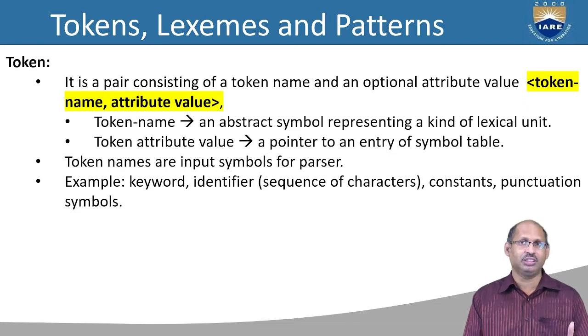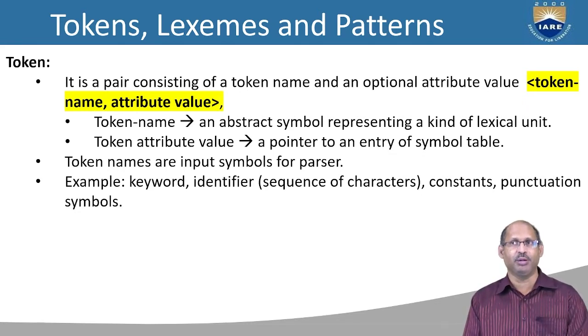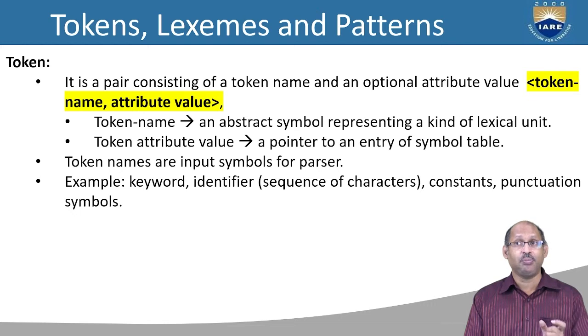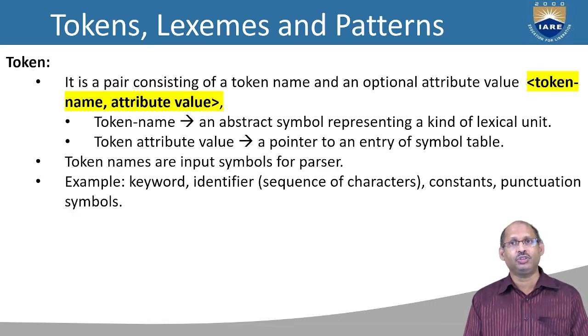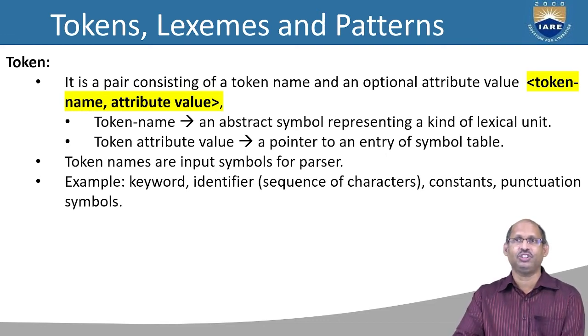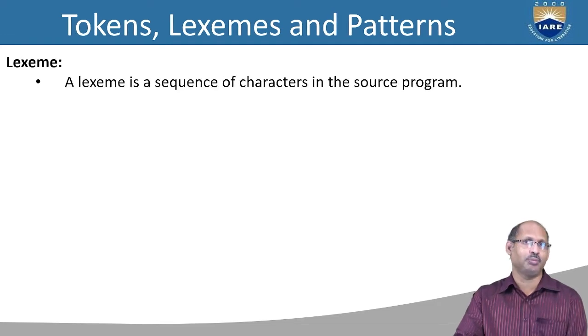So the lexemes are stored in the symbol table, and it is given as some name, keyword, identifier, or constant. The token name refers to the type or category, which type of logical unit. The attribute value refers to a location in the symbol table.